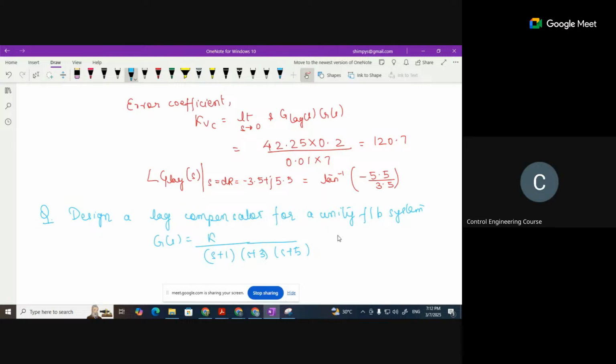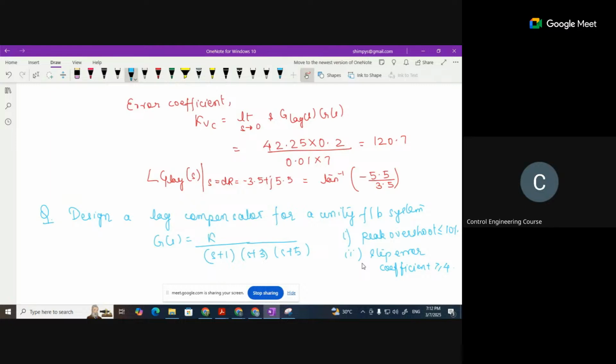And it has to yield the specifications of peak overshoot less than or equal to 10% and step error coefficient greater than or equal to 4, right?